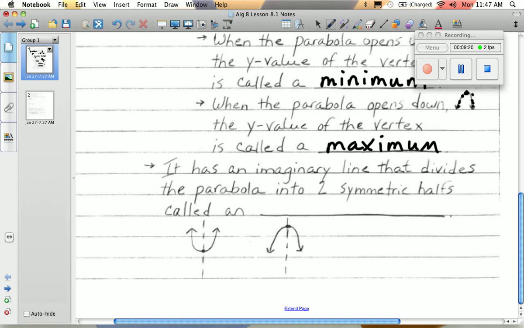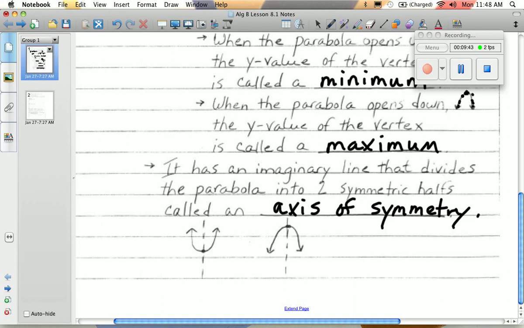Okay, and then there's another characteristic of the quadratic function and the graph itself that we have to understand. It has an imaginary line. We don't typically draw it. You won't see it typically drawn in there, but it has an imaginary line that divides that parabola into two symmetric halves called an axis of symmetry. So there's some symmetry going on.